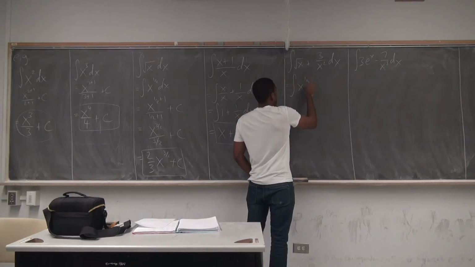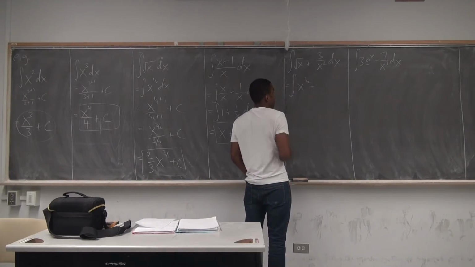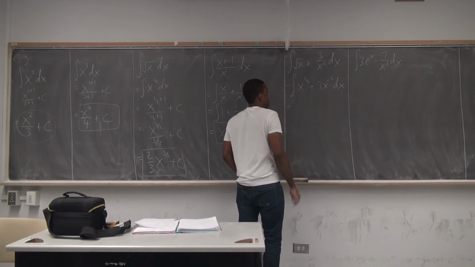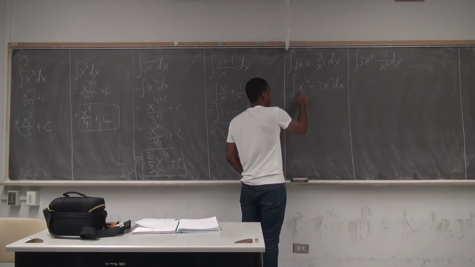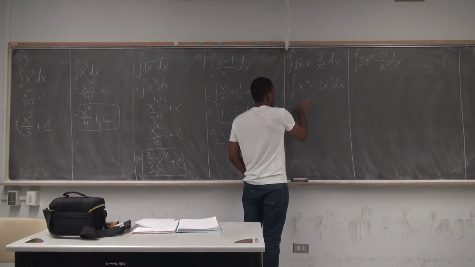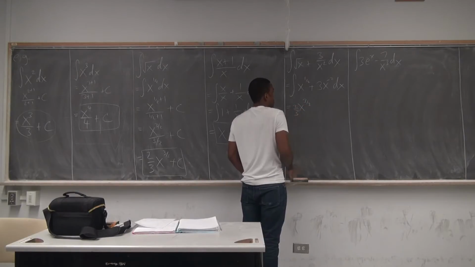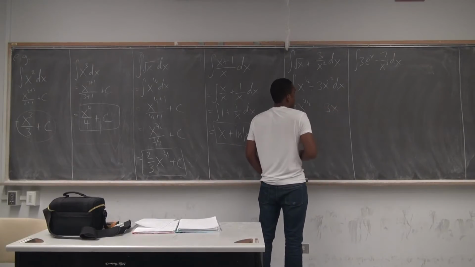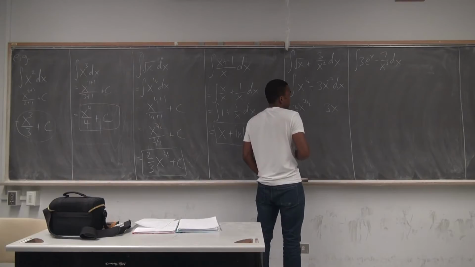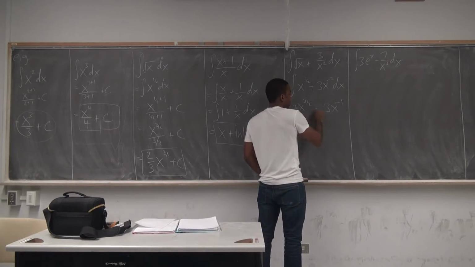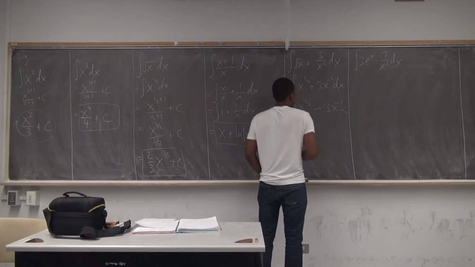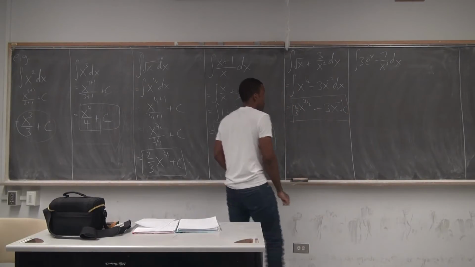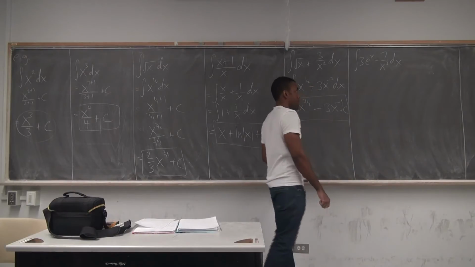So here I rewrite this as x to the 1/2, and now you did what here? And then what? Do the power rule here, get x to the 3/2 times 2/3. Here do the power rule, so you add 1 to the power, you get what? Negative 1 divided by negative 1 is the same as multiplied by negative 1. Let's see. What about this one?